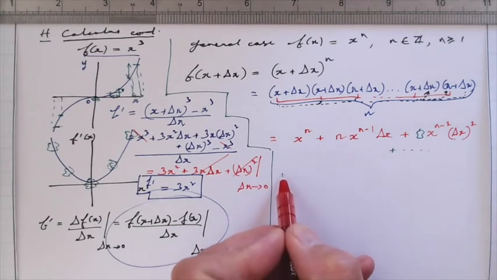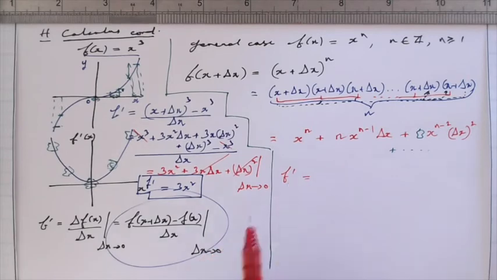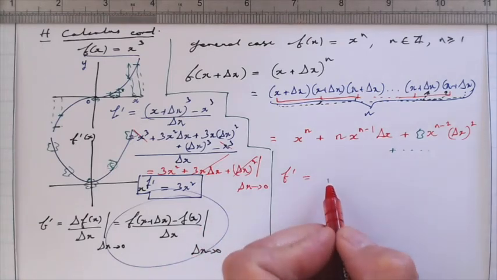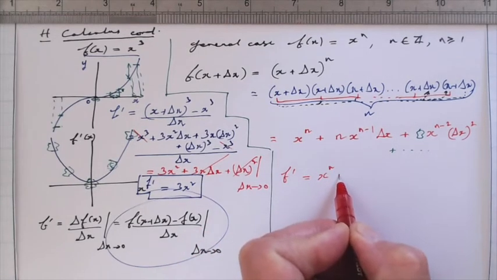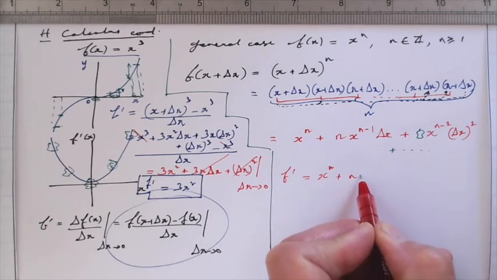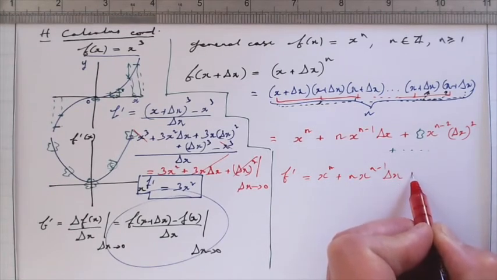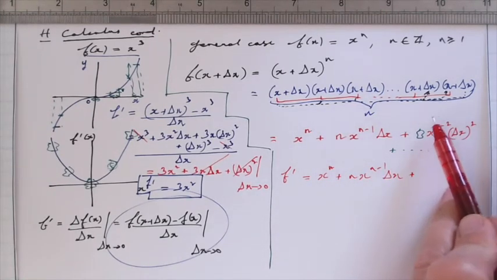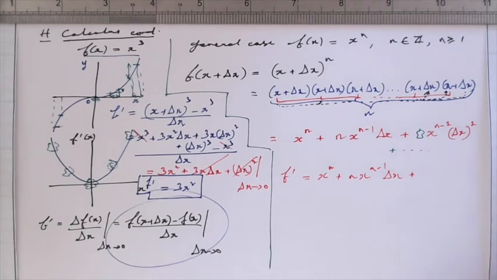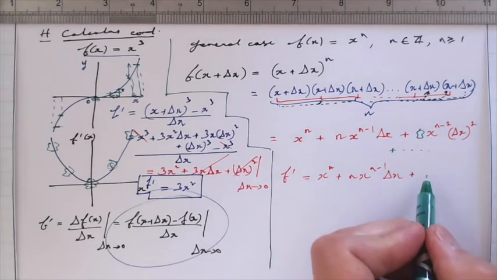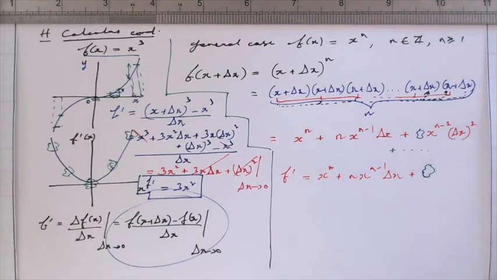So here we go. f prime then is this thing that we found, take away the original function, all divided by delta x. So I have x to the n plus n x to the n minus 1 delta x plus all this other stuff, which I'm just going to draw as a big green cloud.